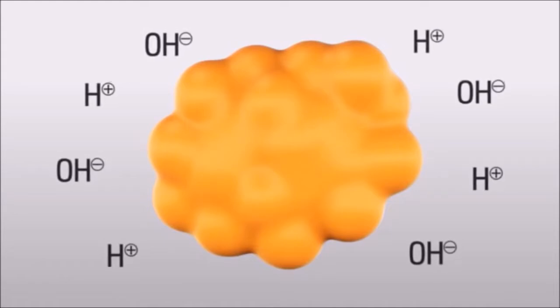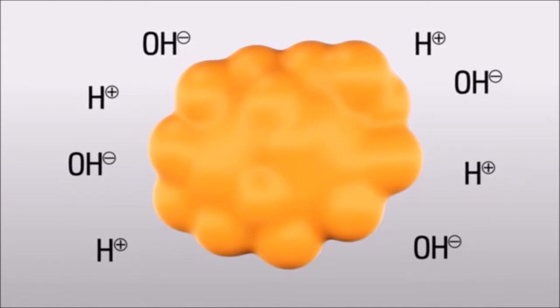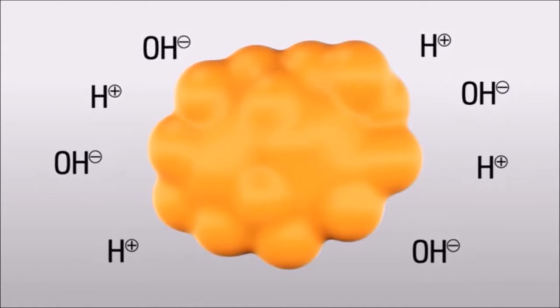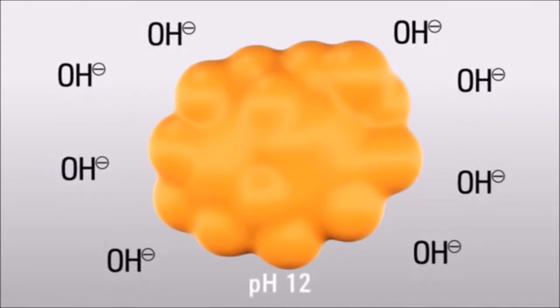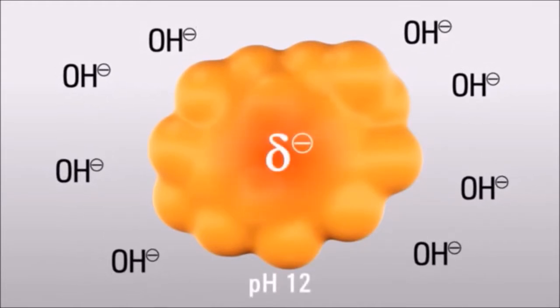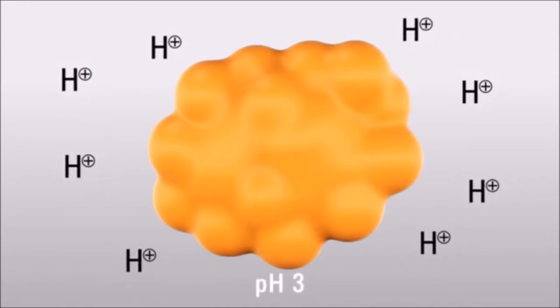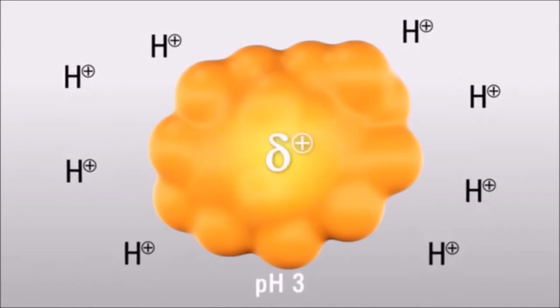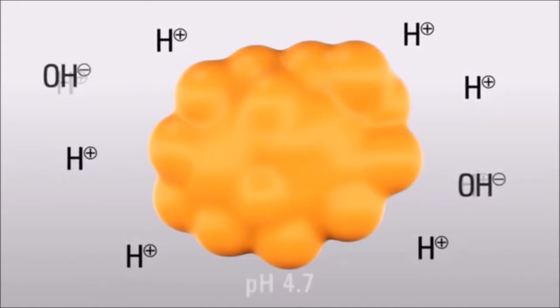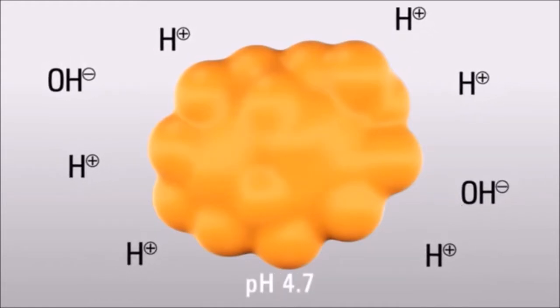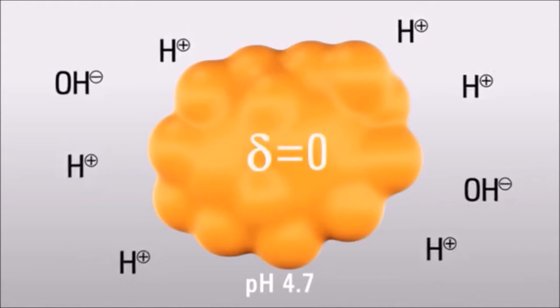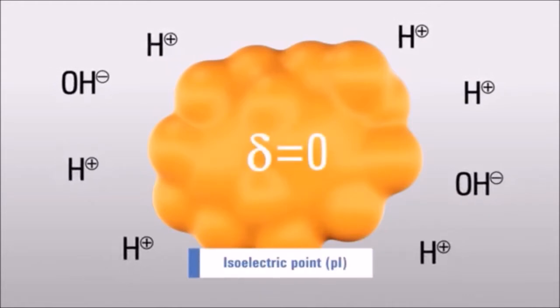Depending on the pH of the surrounding media, the protein's net surface charge can change. Under high pH conditions, the protein's surface charge becomes more negative. In contrast, low pH conditions make the protein's surface charge more positive. The pH value at which the protein's net surface charge is equal to 0 is called the isoelectric point, or pI.